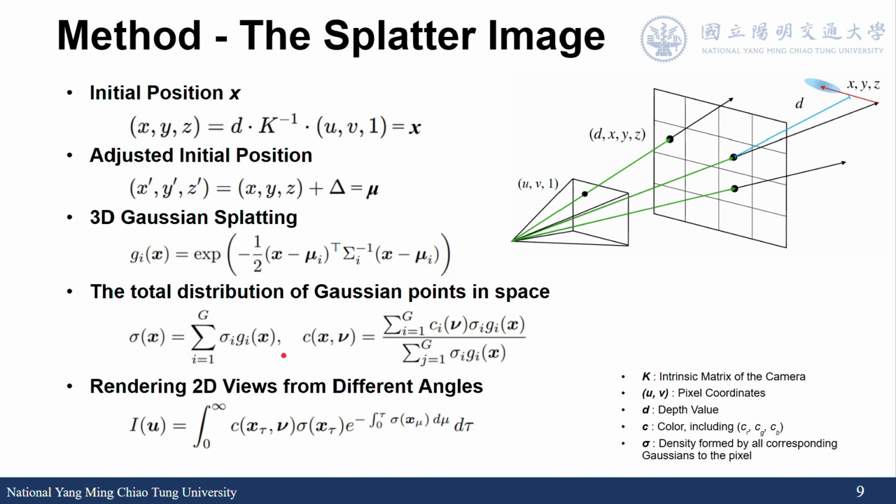Once all Gaussian points are determined, the total spatial distribution is computed. During rendering, the accumulated color values are obtained by integrating the color along the ray as it traverses the 3D scene. This process results in a flexible 3D model that can be rendered from any desired viewpoint, allowing the 3D Gaussian distribution to produce synthetic 2D images that match different perspectives.